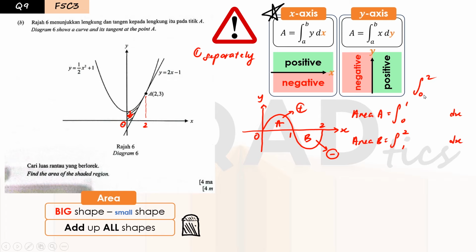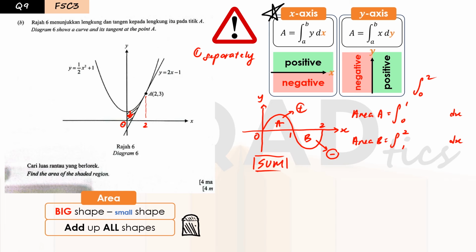So if we just integrate from 0 straight to 2, it is like adding up positive areas and negative areas, meaning we are finding the difference between A and B, which is not what we want. What we want is the sum, the total area. So we need to add them up together.